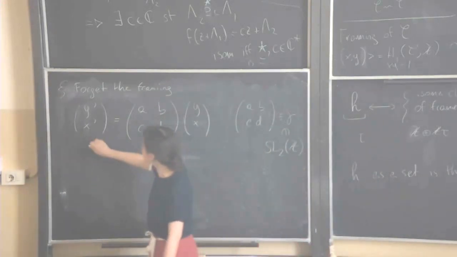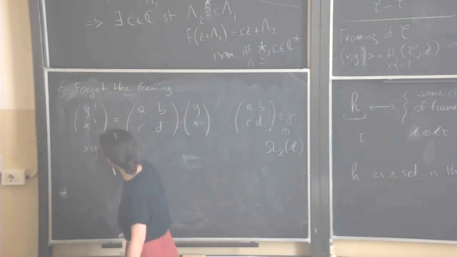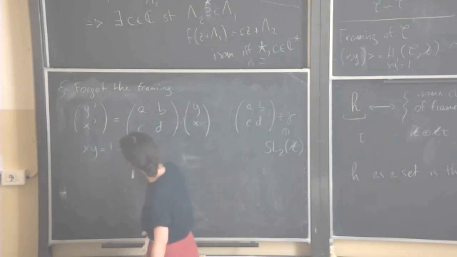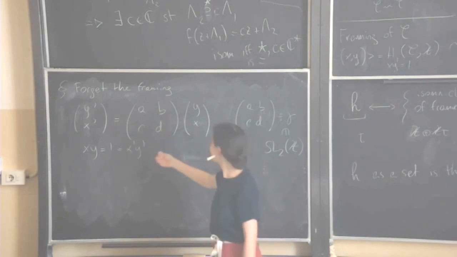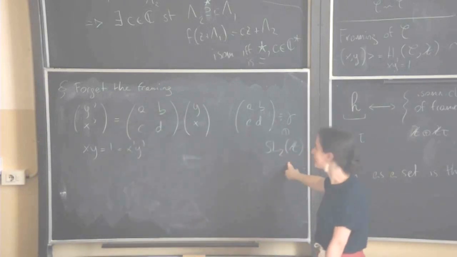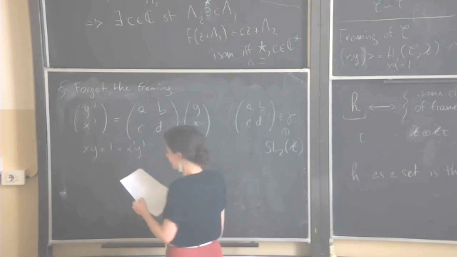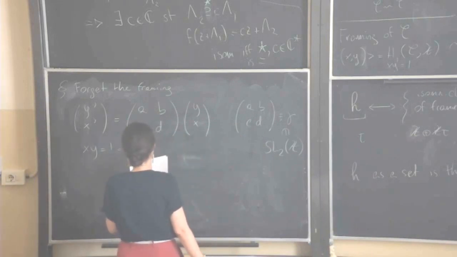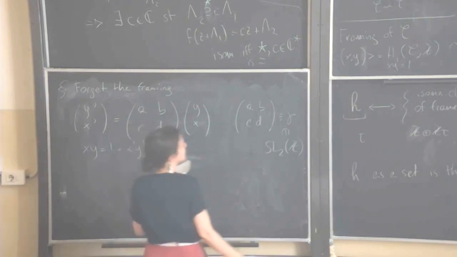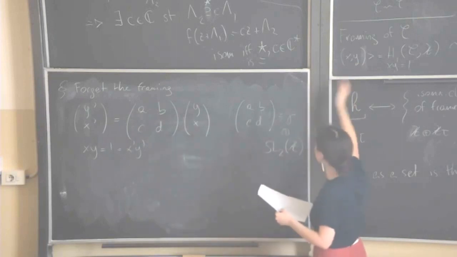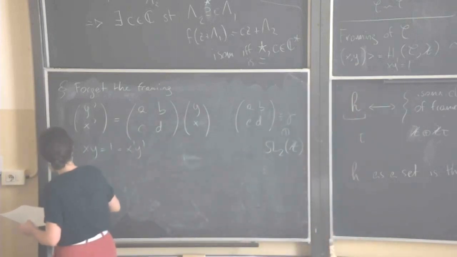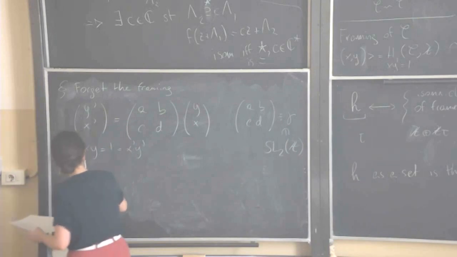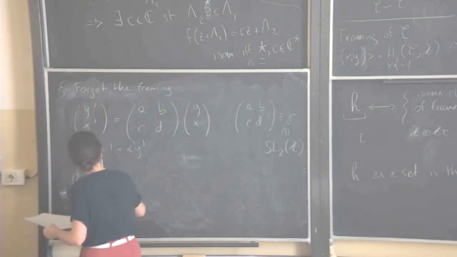Since we have that (x, y) is 1 and also (x', y') is 1, this matrix has to have determinant 1 and so has to belong to SL2. This describes every change of framing, which means that the space we want to look at is actually H over SL2Z.